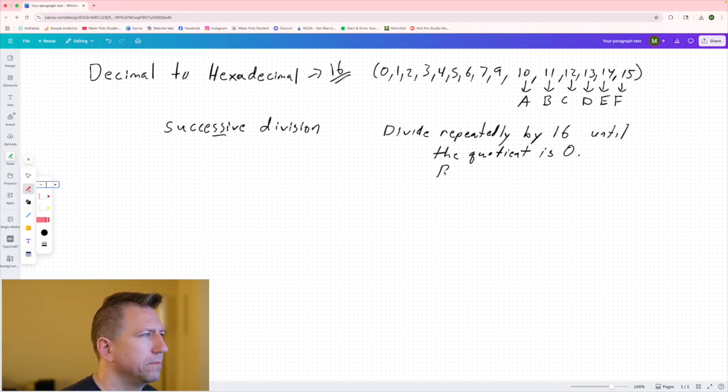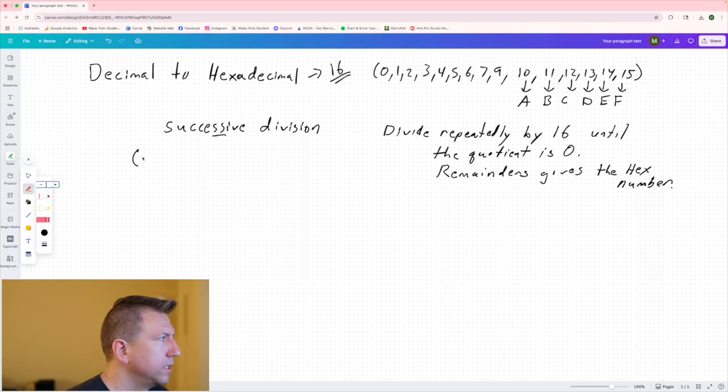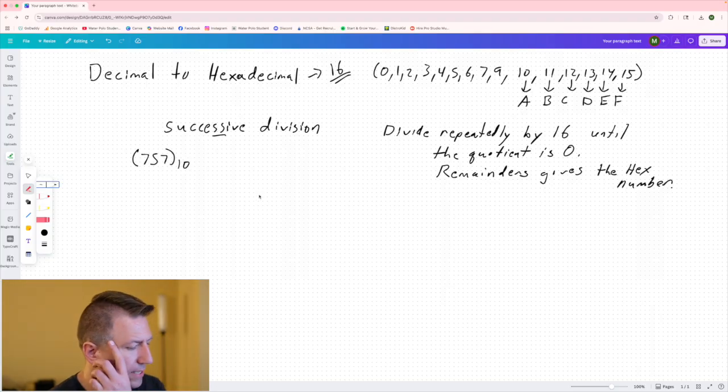And then the remainders in those divisions give us the hex number. Okay, so that's what we're looking to do. So let's go ahead and get started with an example. So I'm going to use the number 757 base 10, and we'll start dividing.